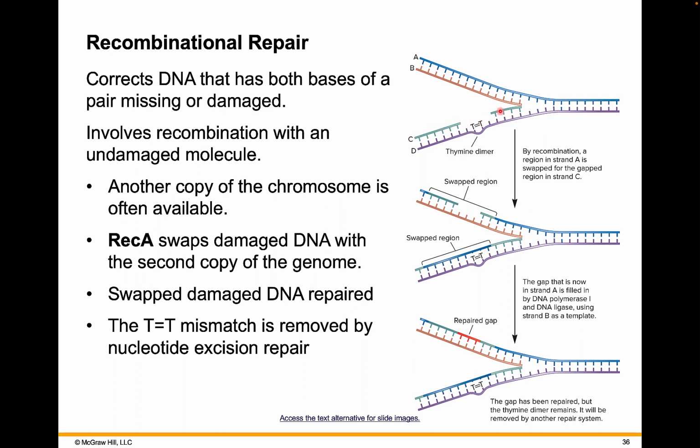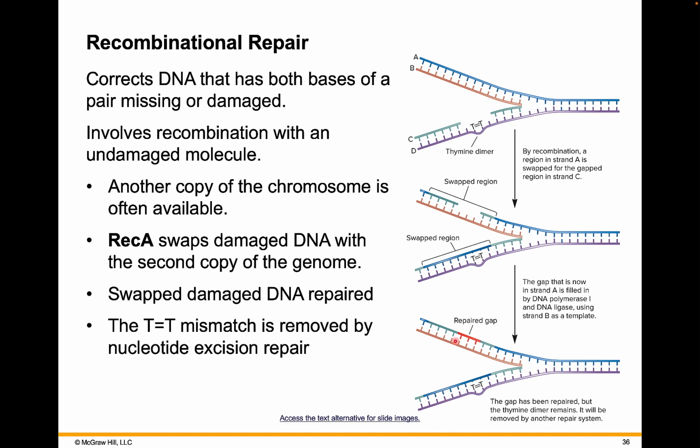So primer, then DNA, then a primer, then DNA, but you have a gap right here because this is where the DNA is distorted. Essentially, RecA cuts out this entire portion of the DNA with the gap, and takes it and puts it into a homologous portion somewhere else, and cuts the correct DNA out and swaps it right here. So this is a swapped region.